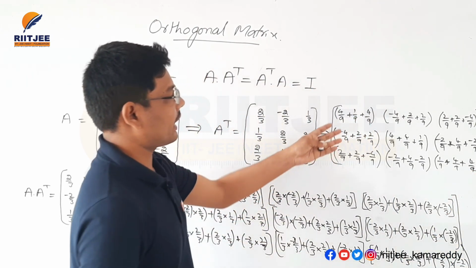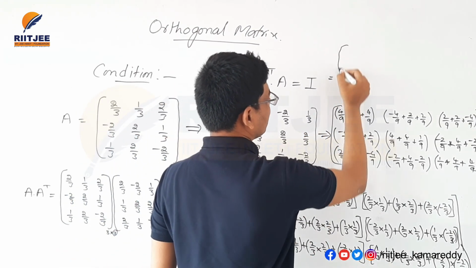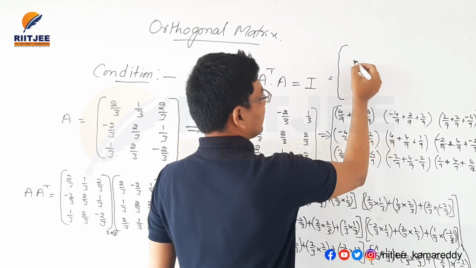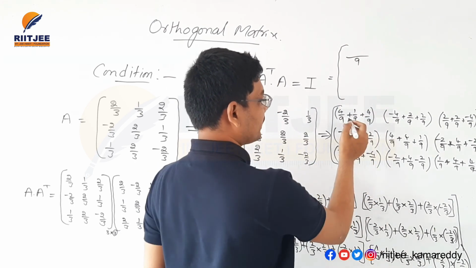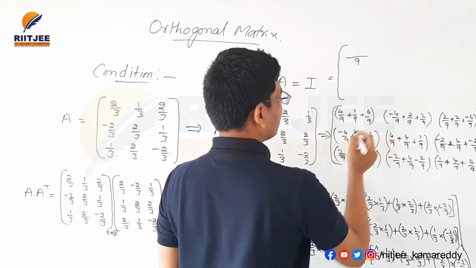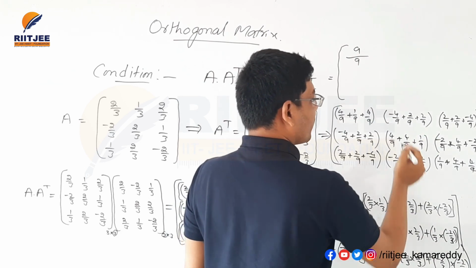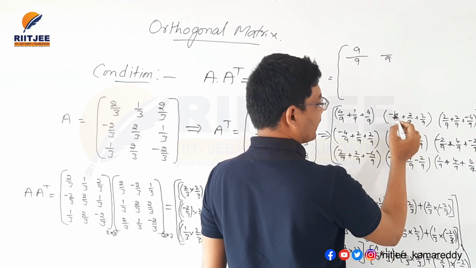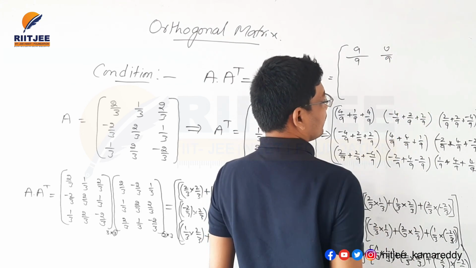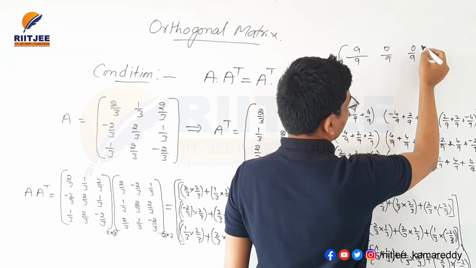See, if you add all these fractions here, we'll get one answer. Here the LCM is common for all the numbers. The denominator is 9. 4 plus 1 plus 4, 9 by 9. Here 9 is the denominator, plus minus 4 plus 4, that is 0, and minus 4 plus 4, this is also 0.